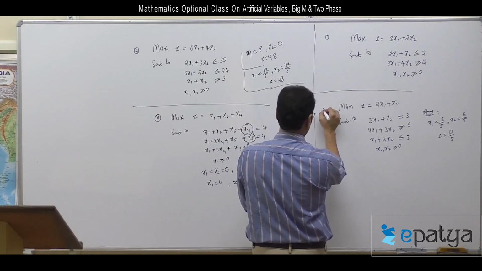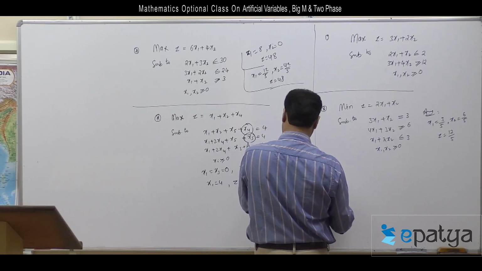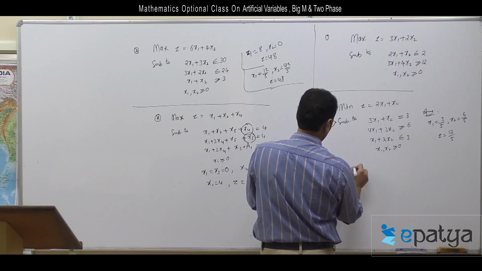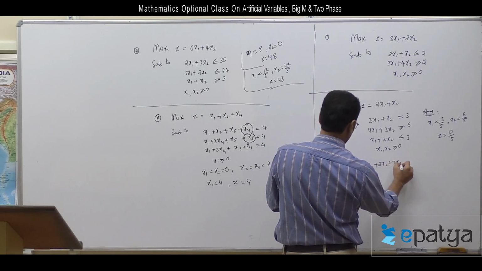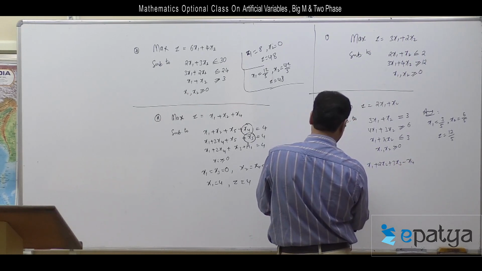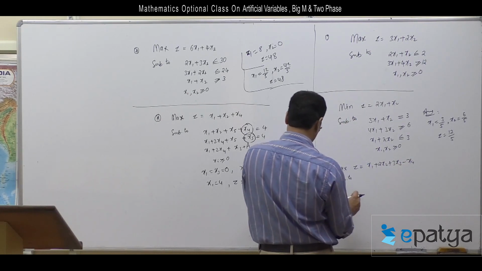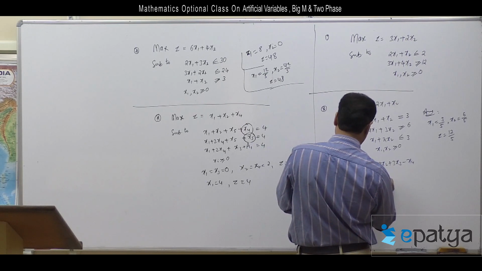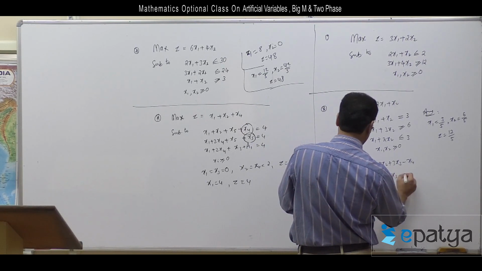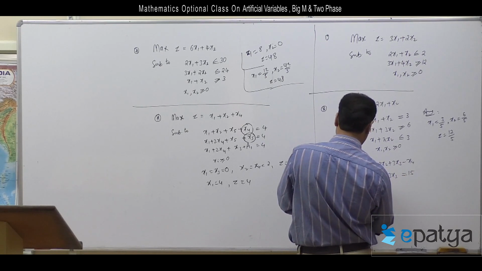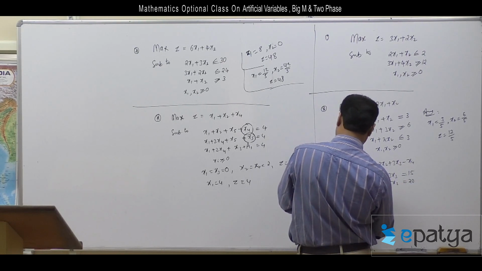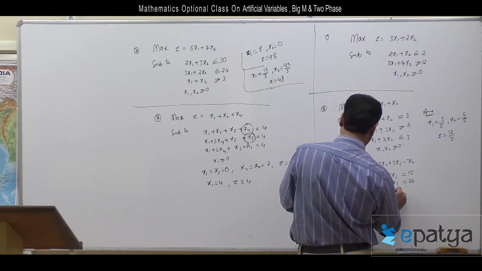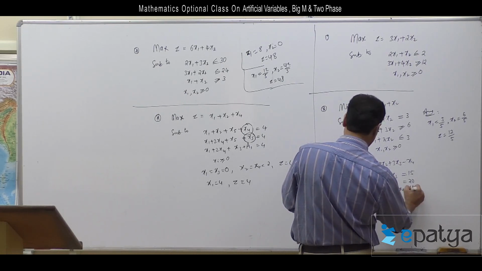Take one more question. Maximize z equal to x1 plus 2x2 plus 3x3 minus x4 subjected to the constraints x1 plus 2x2 plus 3x3 equal to 15, 2x1 plus x2 plus 5x3 equal to 20, x1 plus 2x2 plus x3 plus x4 equal to 10.